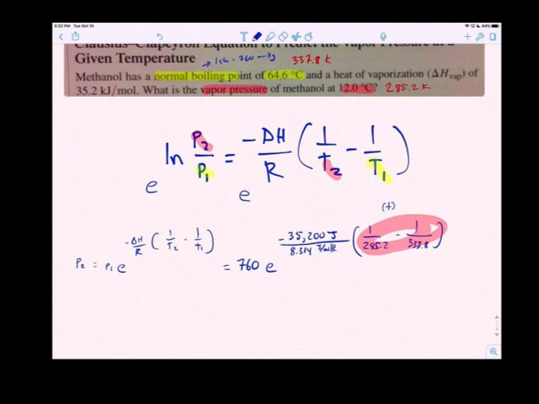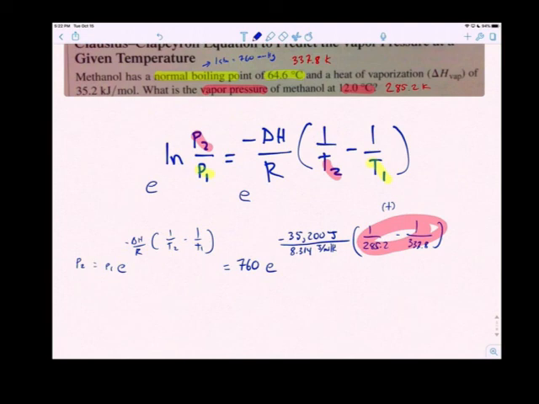Because 285 is a smaller number than 337, and 1 divided by a smaller number is a bigger number than 1 divided by a larger number. So for instance, imagine this as 2 and 3. 1/2 is a bigger number than 1/3. And so if I have 1/2 minus 1/3, I know that's a positive number. Of course, 1/2 minus 1/3, that's an easy one.